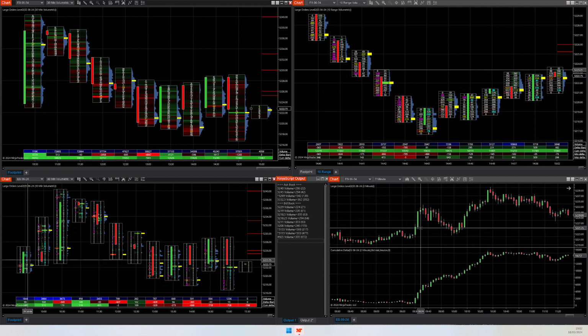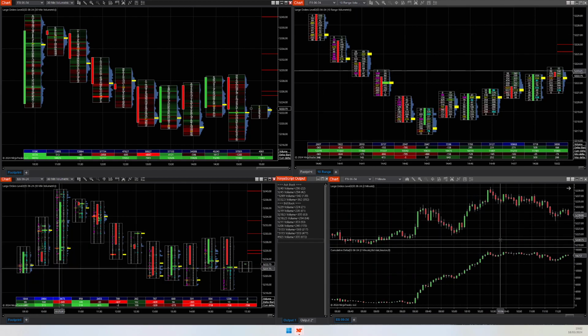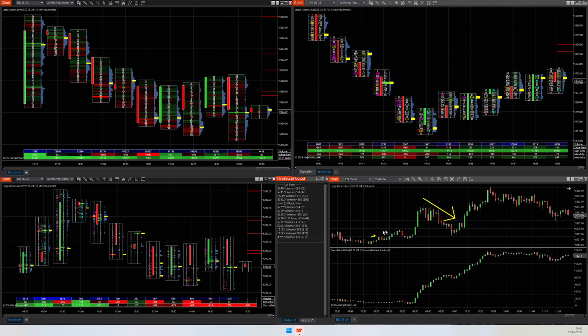what I was seeing was, even though the market was selling off, we were looking at the bottom right screen. So let's start again. The market was kind of pushing up a bit when we opened, and the order flow was kind of going sideways, so I wasn't quite convinced.